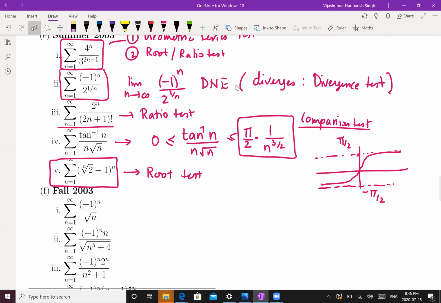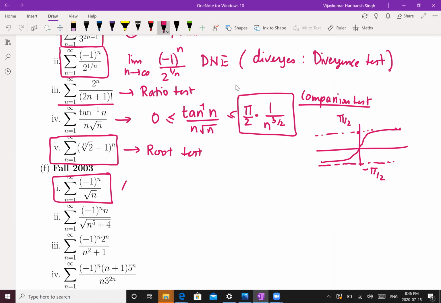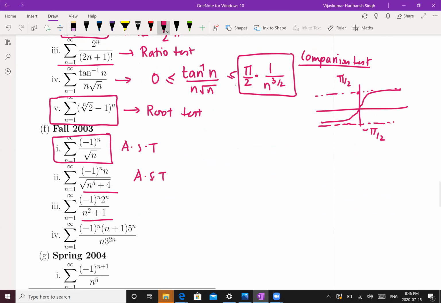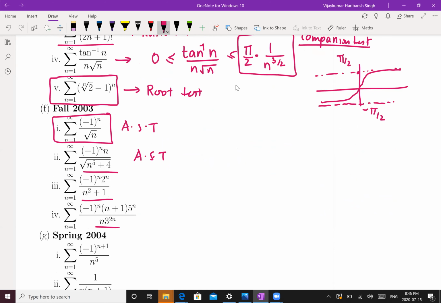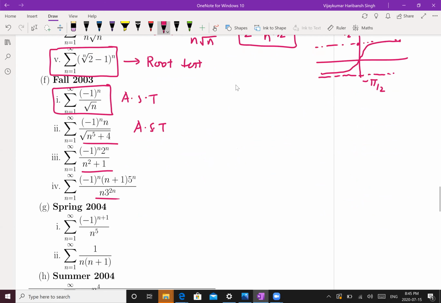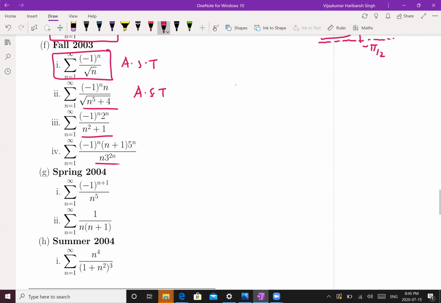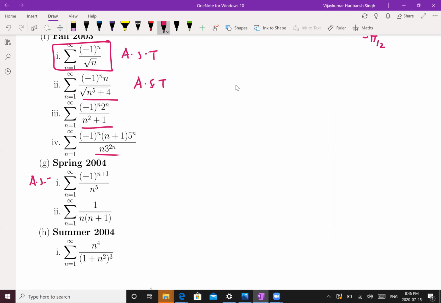What about this one? Again, alternating series test. This one, again, alternating series test. This one here, we can use alternating series test as well. Alternating series test, or you can also use ratio test here. Same, alternating series test.